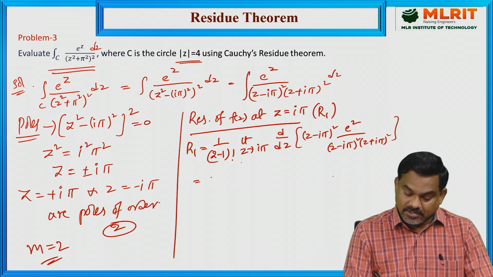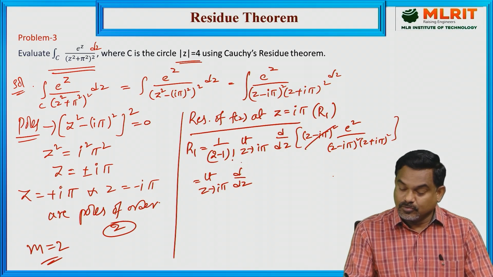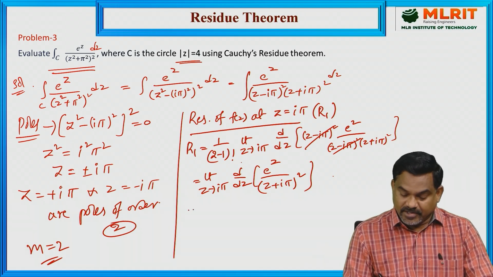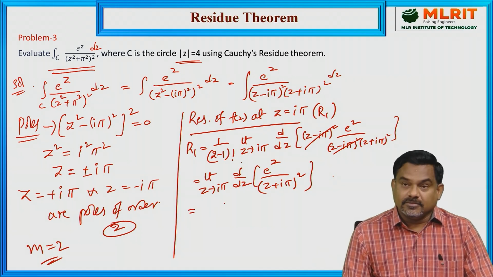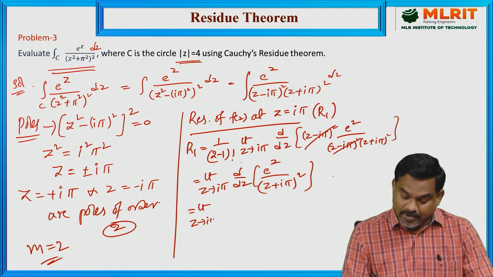Now this is 1 by 1 factorial, which is 1, limit z tends to iπ, the derivative of these two gets cancelled, e power z by (z plus iπ) whole square. So we need to differentiate this with respect to z, limit z tends to iπ.